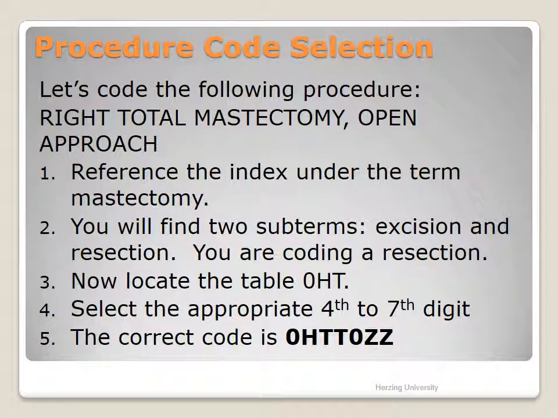So once you choose resection, you now locate the table 0HT. Then you need to select the appropriate 4th to 7th digits. So we know we have a right total mastectomy, open approach. So the correct code will be 0HTT0ZZ.